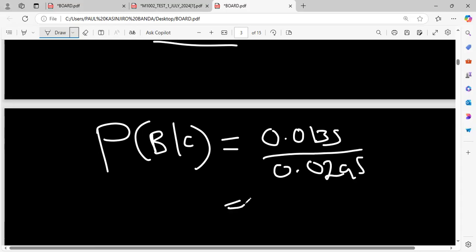Punch in that value on your calculator, and we get the probability as 0.4576. So this is our first answer: the probability of it coming from lab B, given that it is contaminated.